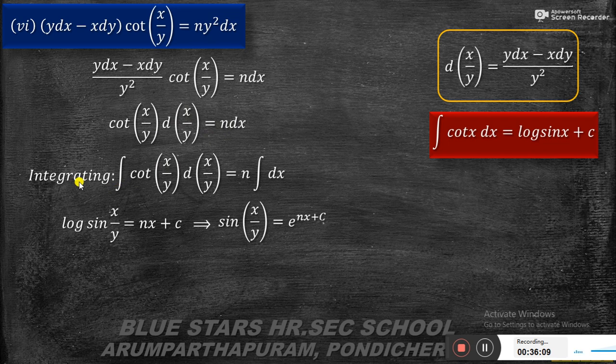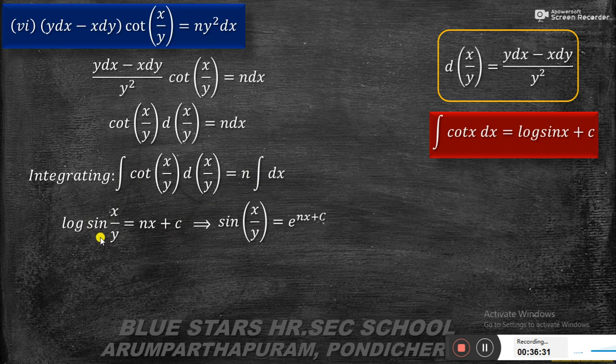So the next step, integrating on both sides, the integral of cot (x/y) d(x/y) equals the integral of n dx. The integral of cot is log sin, so log sin of (x/y) equals nx plus c.